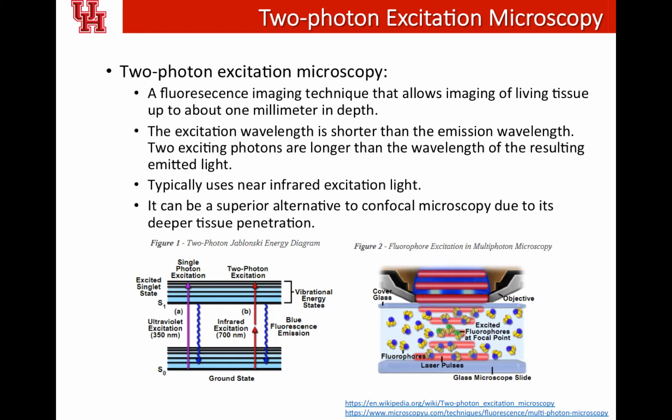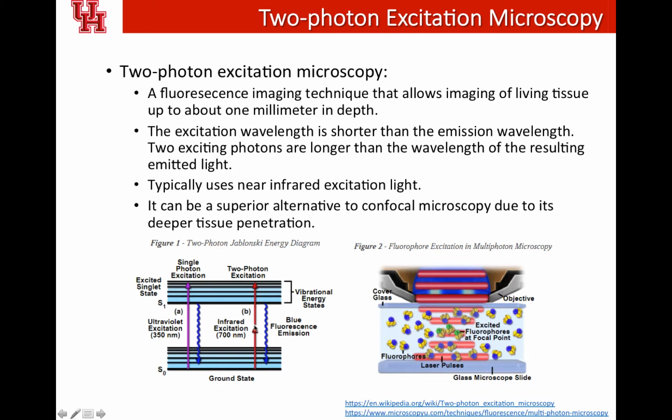So this figure shows you the principle for the two photon. Normally you use a UV light, right? A higher energy light shines onto your molecule, and then you get this re-emission. So now, instead of a 350 nanometer single photon, you have two photons of 700 nanometers.